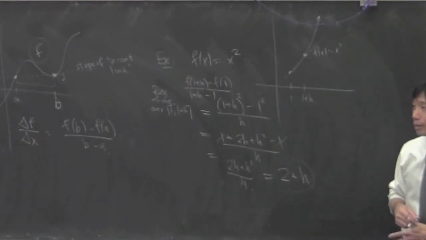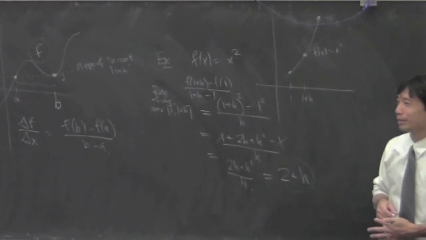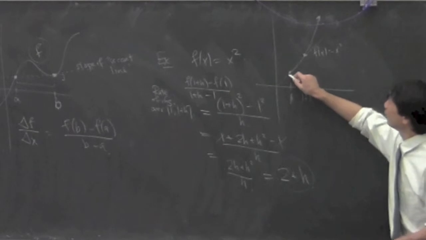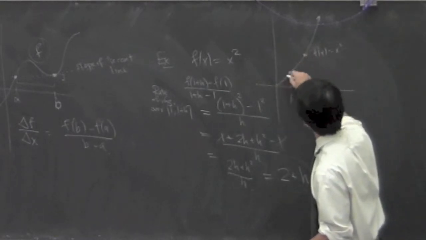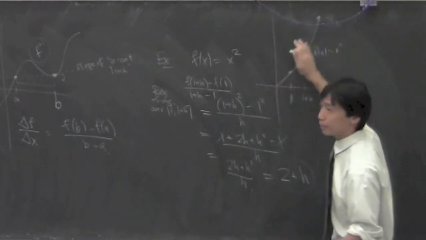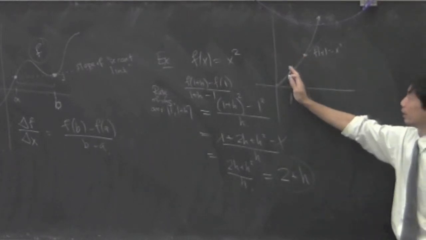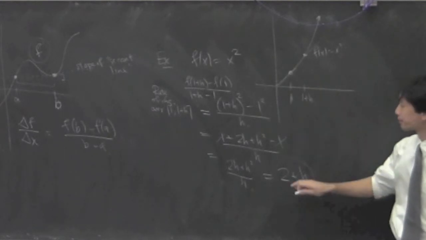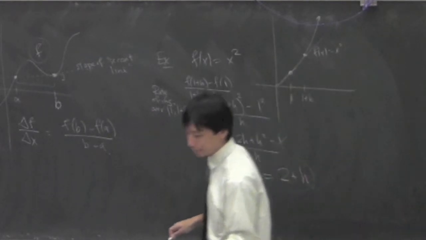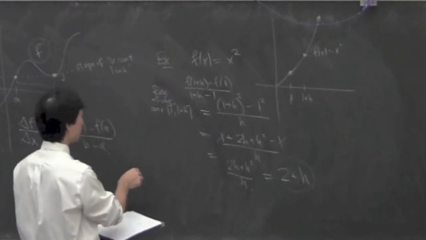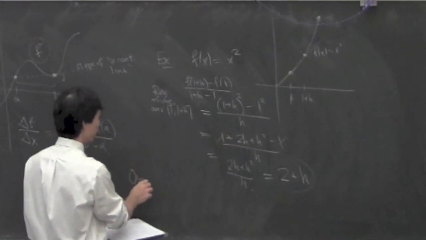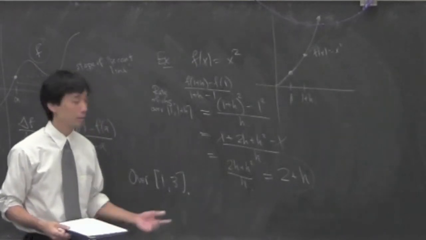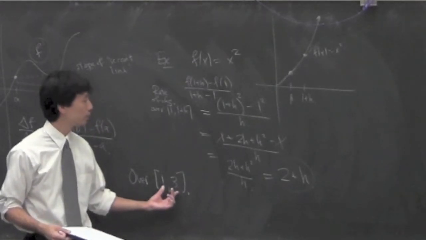Everyone remember that? So we just have this function, the x squared function, and we're just calculating the rate of change over this interval. For example, over the interval 1, 3, what's the average rate of change?